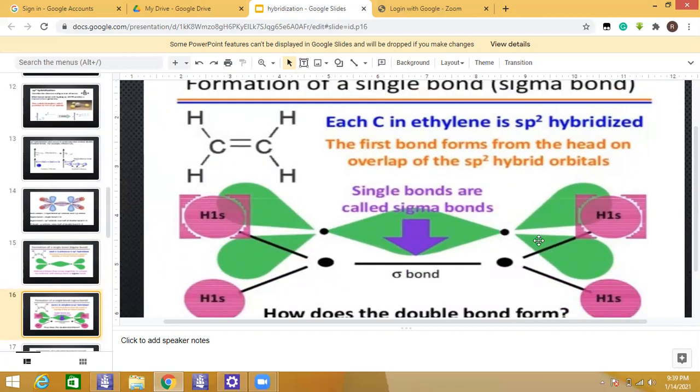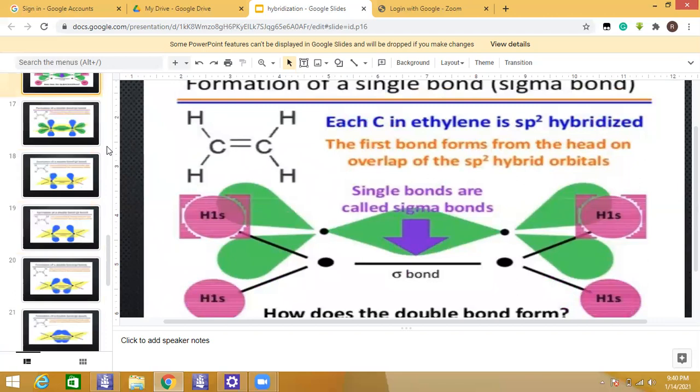You may see this sigma bond between these carbon atoms, and these are making bonds with the hydrogen atoms. These are making up the geometry which is trigonal planar.